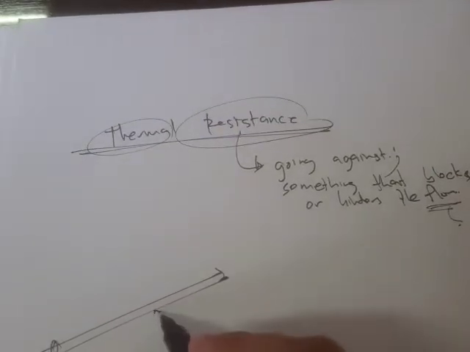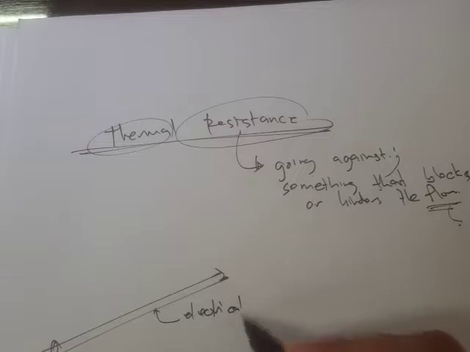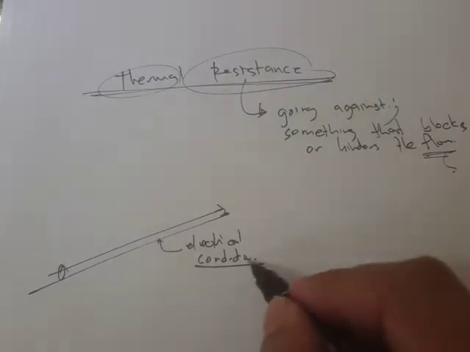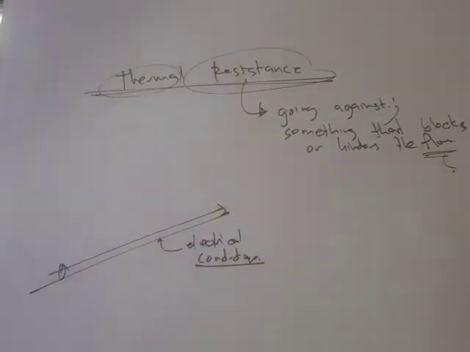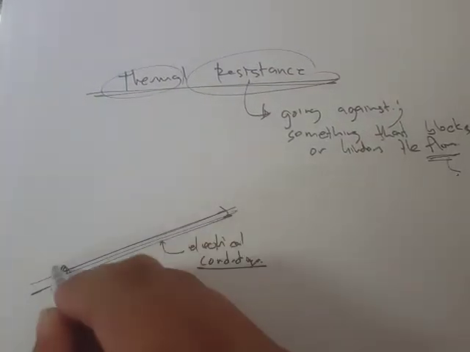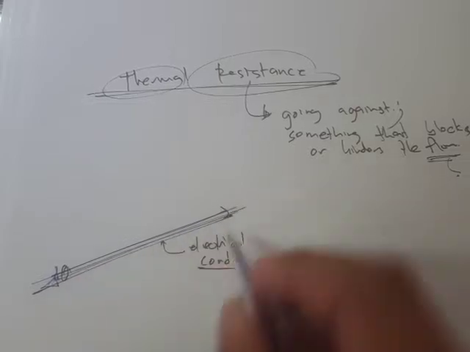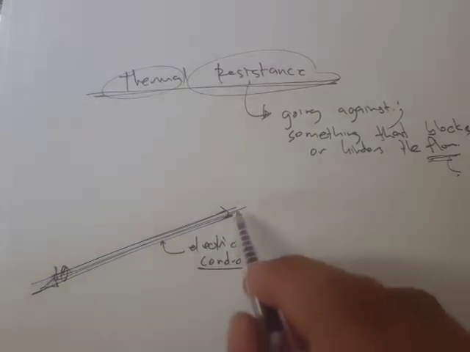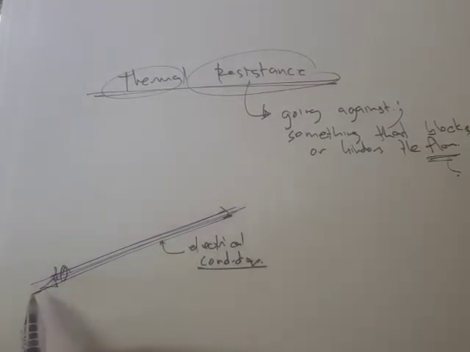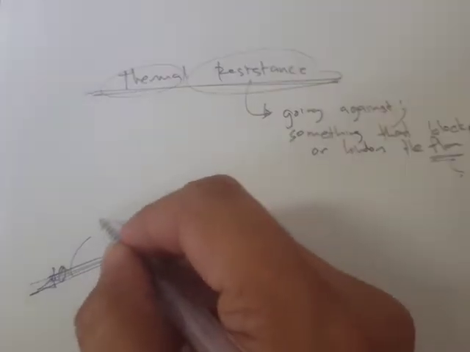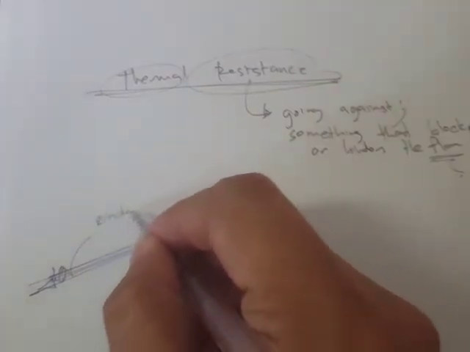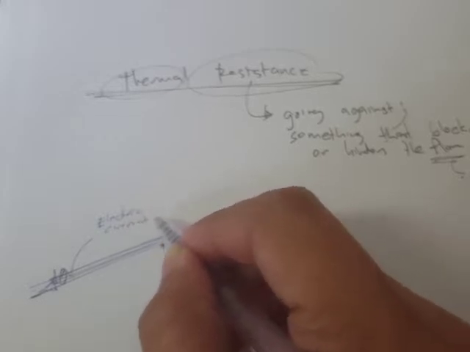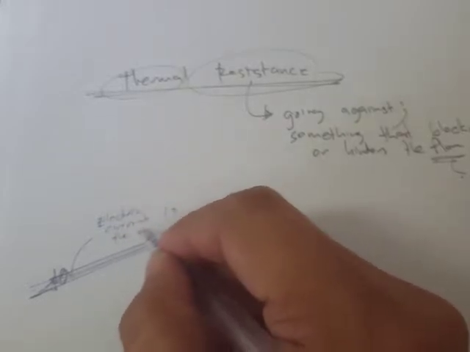If this is an electrical conductor, let's say an electrical wire, what I'm trying to say right here is that for a charge to flow, and the flowing charge is what we call electric current, electric current is the moving charges.